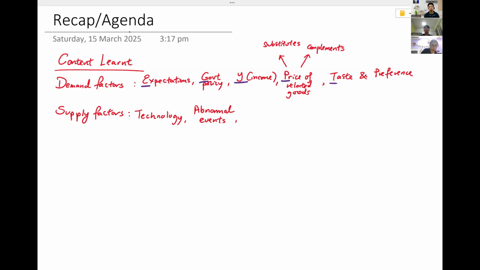And usually we are talking about agriculture or livestock, where you have pandemics, you have bad weather. All these can affect your harvest or your livestock availability. So the next one is P, price of related goods.